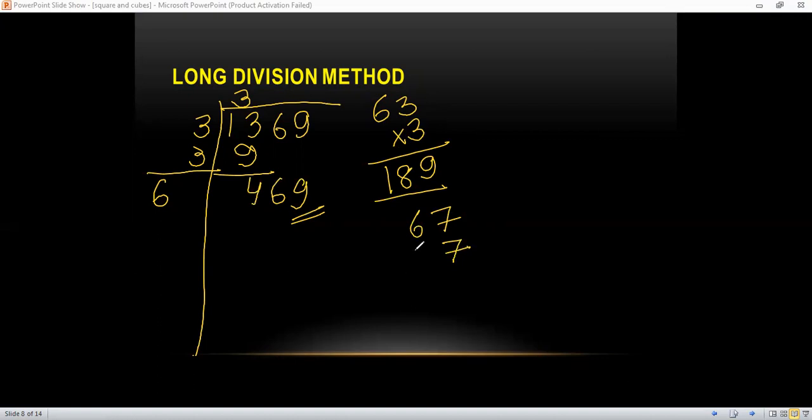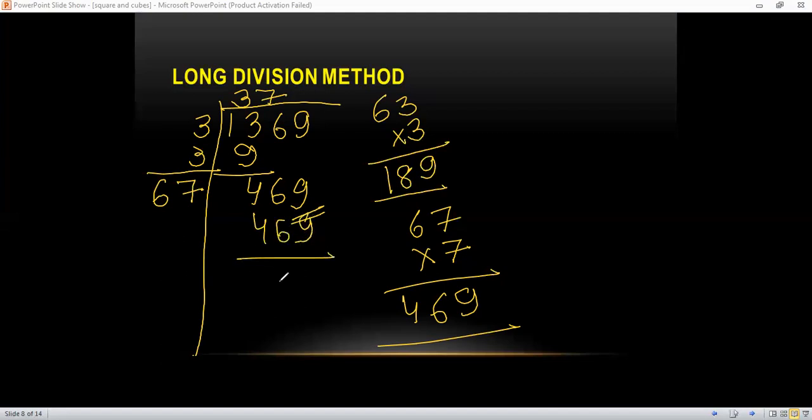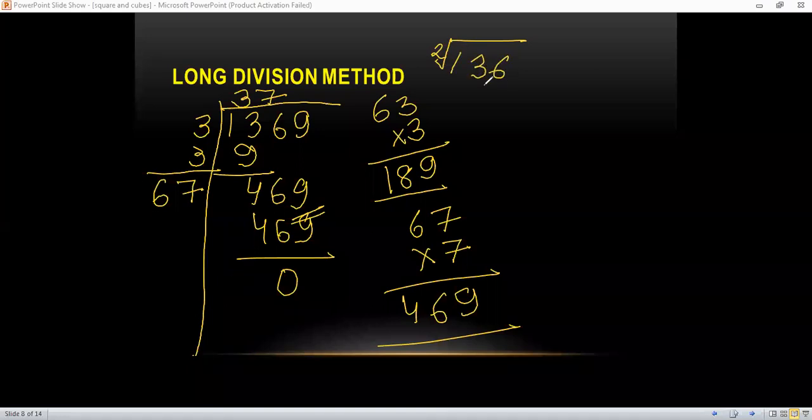Here I am going to multiply by 7. So by 7, we are able to get remainder as 0. That means the square root of this number is 37. The square root of 1369 is equal to 37.